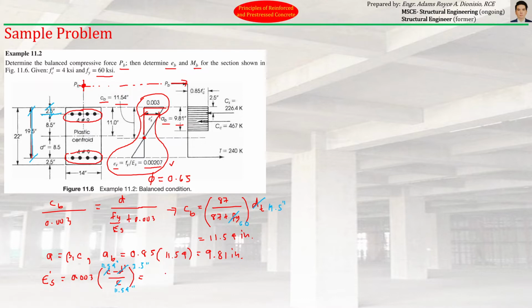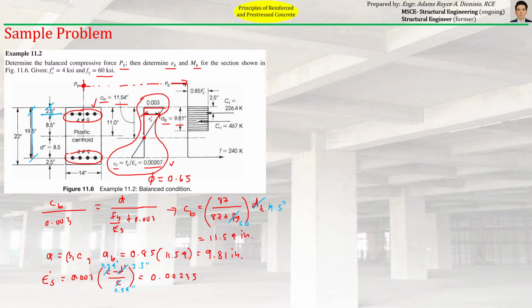So, for that, 0.003 times 11.54 minus 2.5 over 11.54. Ang lalabas na strain s natin is 0.00235. So, yan yung strain ng compression reinforcement natin.